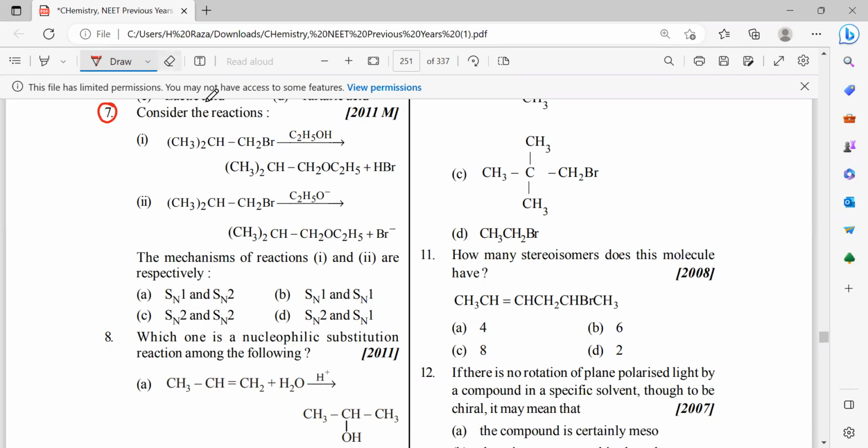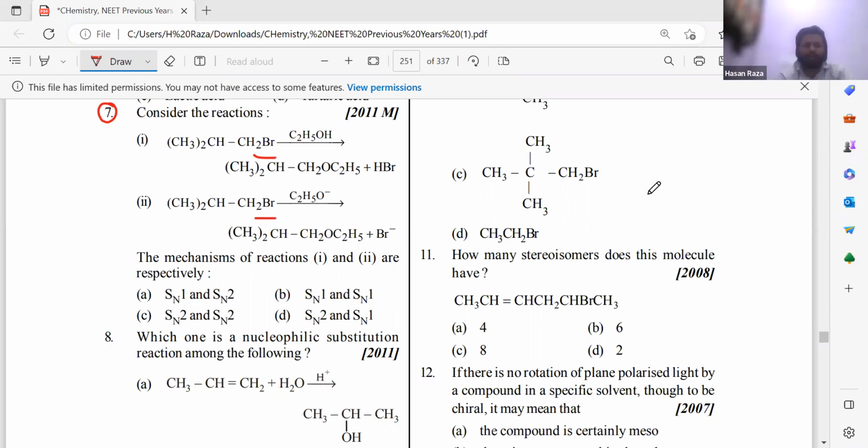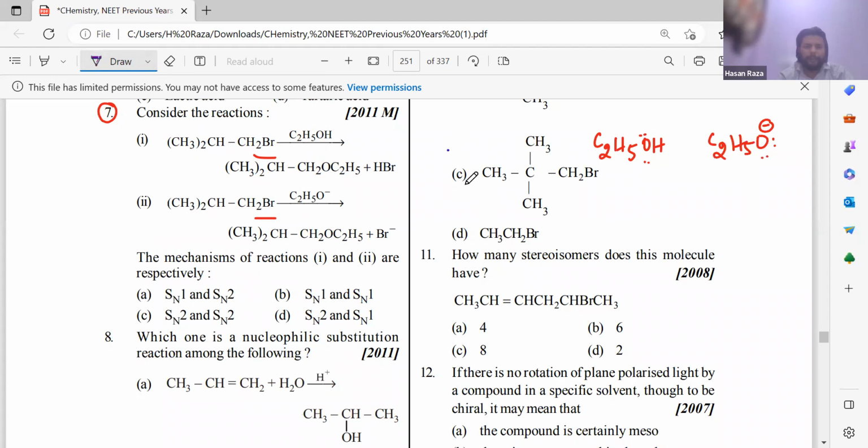How are you going to recognize when the same degree of carbon is given? Since you know that both are nucleophilic substitution reactions, can anyone tell me which one has more nucleophilicity, this C2H5OH or this C2H5O negative?